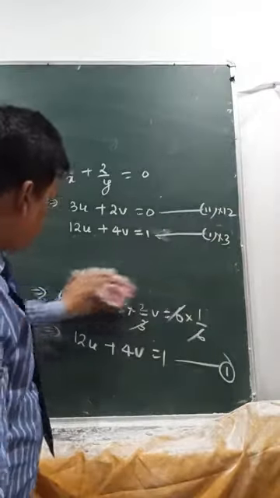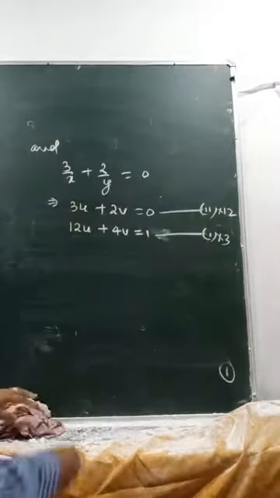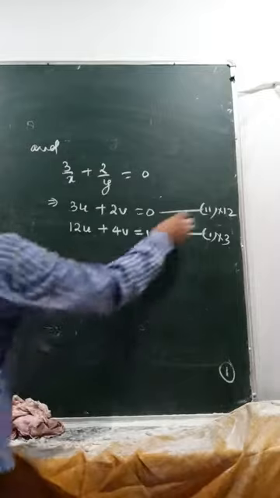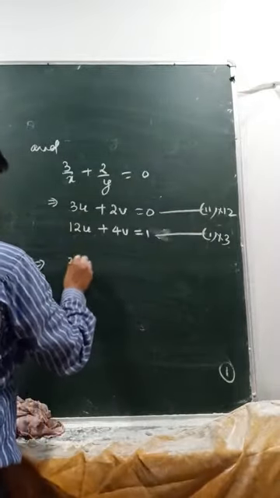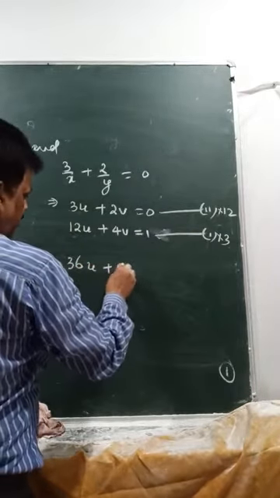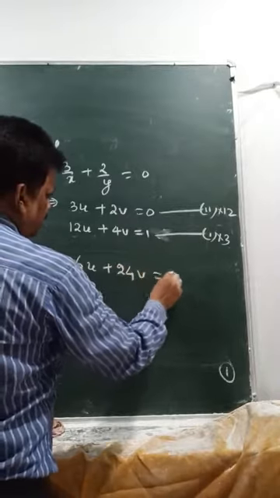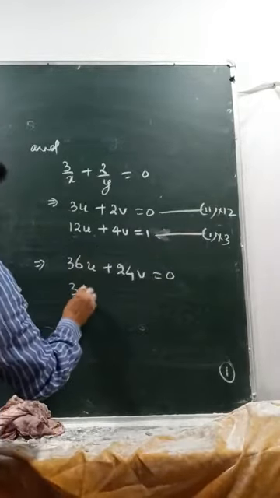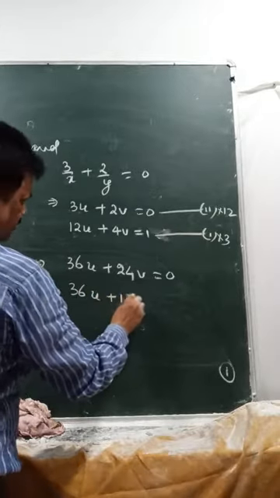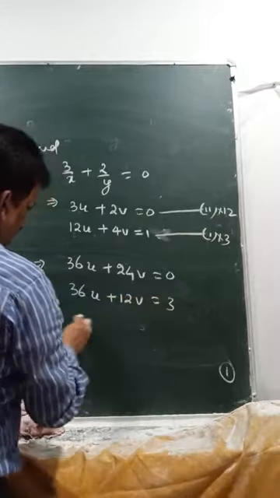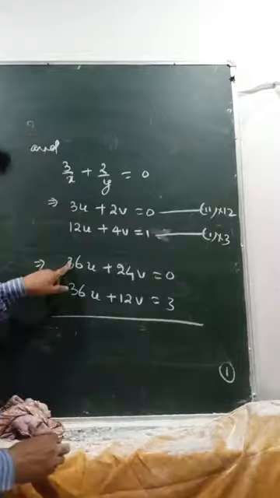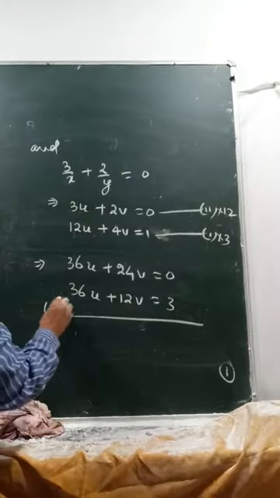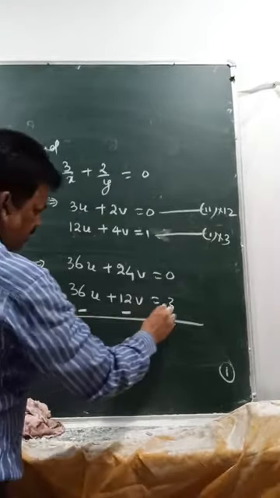So how much will you get? You are getting 36u plus 24v equals 0. Again 36u plus 12v equals 3. Now look here, you have equalized. Subtract. This is minus, this is minus, this is minus.